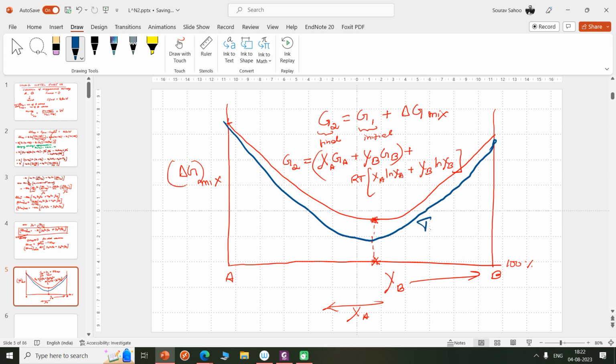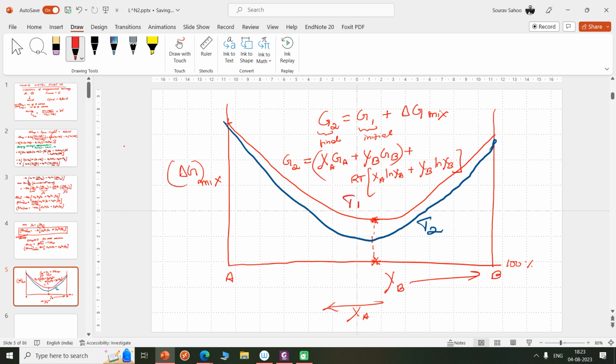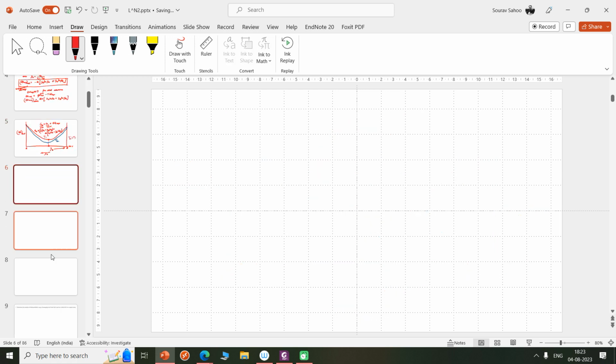So this is at T2 and this is at T1, such that T2 is greater than T1. We will have a net reduction in the free energy of mixing at higher temperatures just because of the configurational entropy term, because higher temperature prefers more disorderliness in the system, right? Okay.